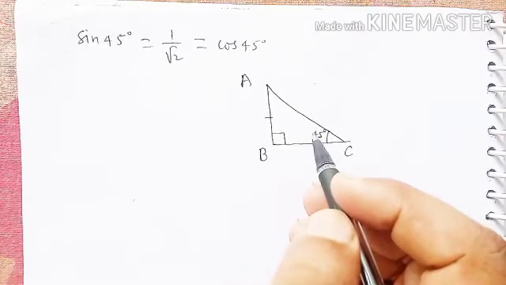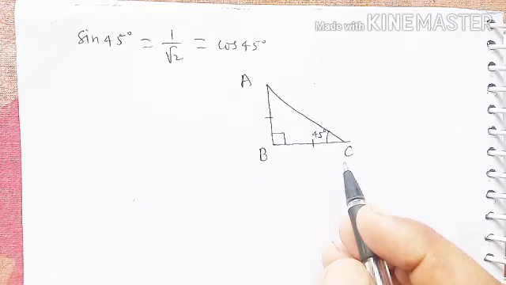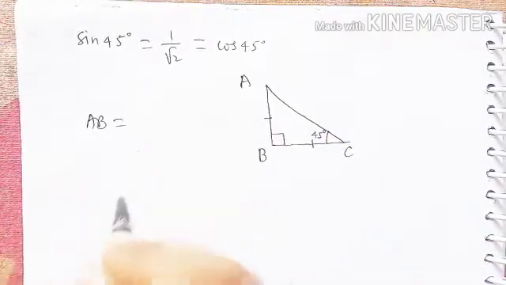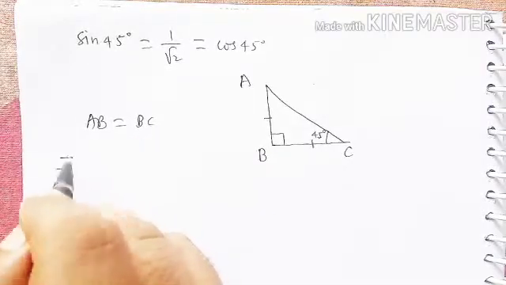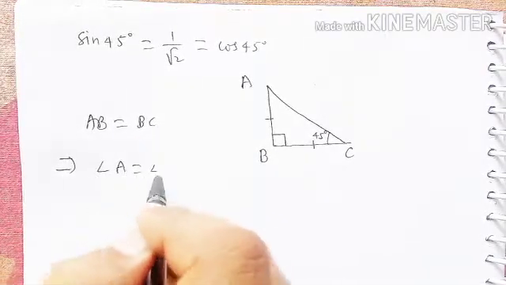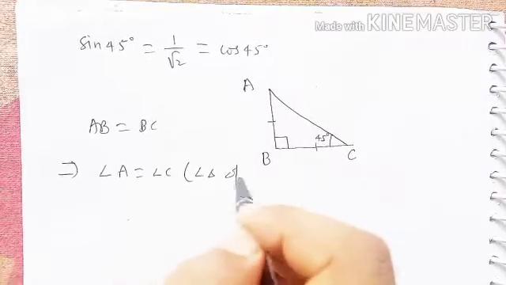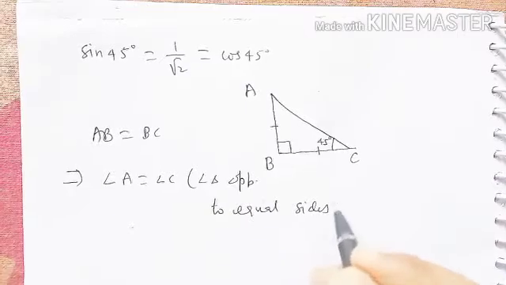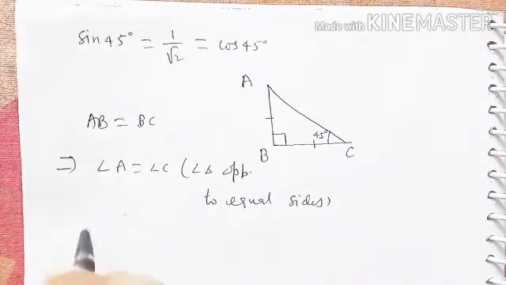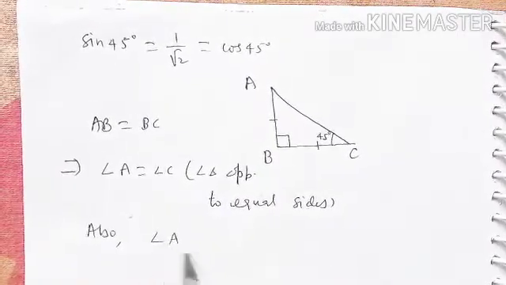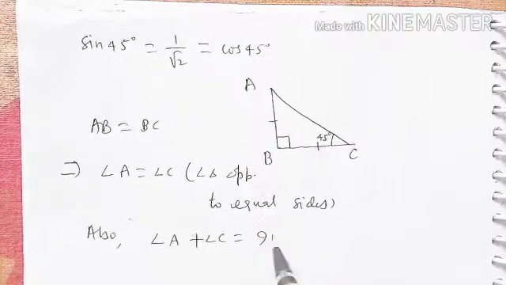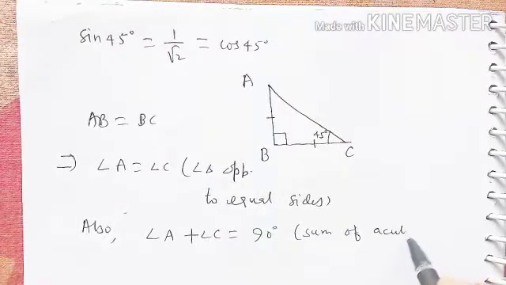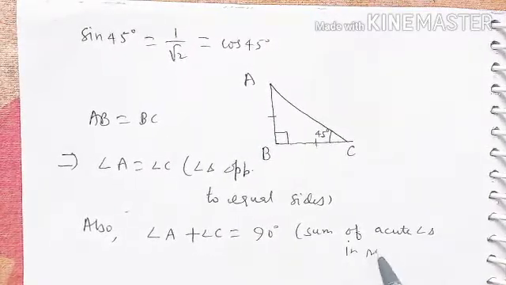That's why angles opposite to them are equal, and we know that sum of angles opposite to equal sides. Also angle A plus angle C is equal to sum of acute angles in right triangle.